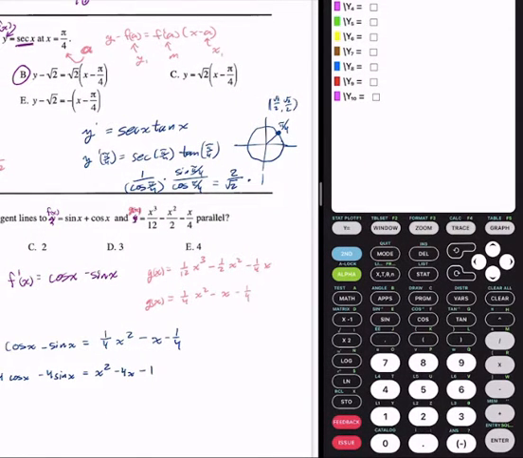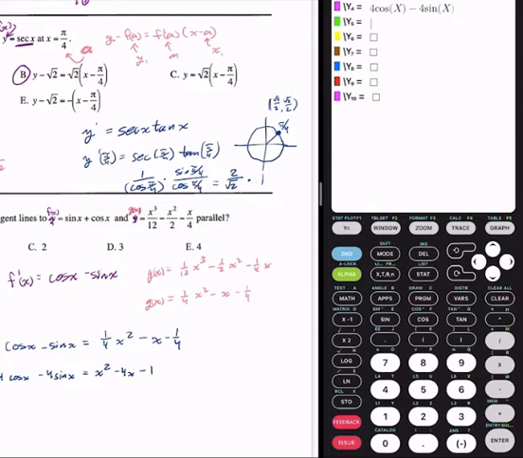So we have cosine, and let's put cosine in there. We have 4 cosine x minus 4 sine x.